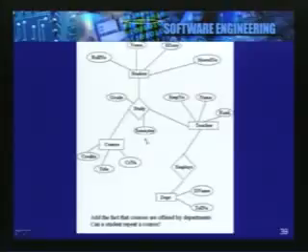What it would mean is that a particular student may be studying a particular course under a particular teacher in a given semester and he would get a particular grade. So, we are able to capture the study aspect of the real world by a ternary relationship between student, teacher and course.